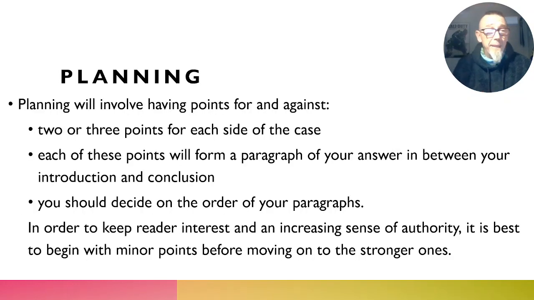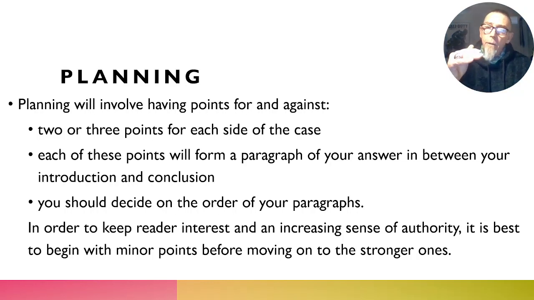Planning, guys, you know I keep telling you, planning is what it's all about. So make sure that you're always planning. When you're going through your text, make sure you've got a certain amount of points for and a certain amount of points against. This could be in writing or in analysis, but you're looking for points for each side. Each of these points is going to be the basis of a paragraph between your introduction and your conclusion.